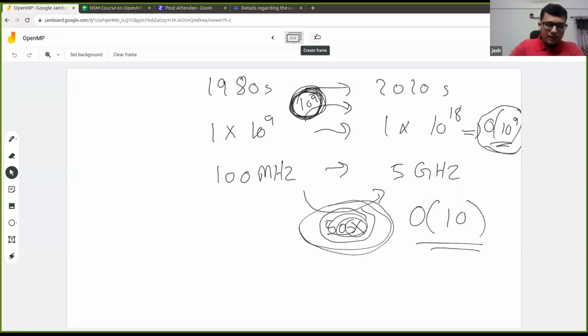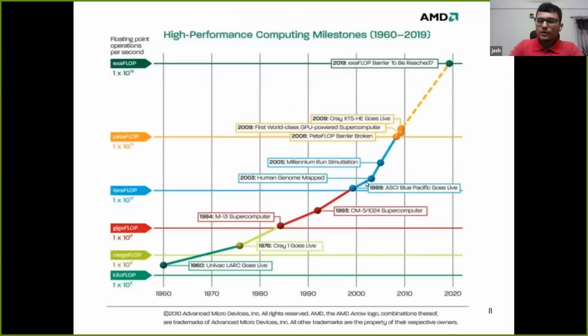So the supercomputers that you are seeing on the screen, let me go back to the slides. The names that you are seeing here are all multi-core systems, and actually they are heterogeneous systems.